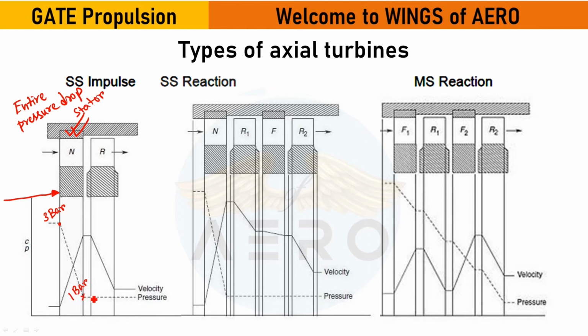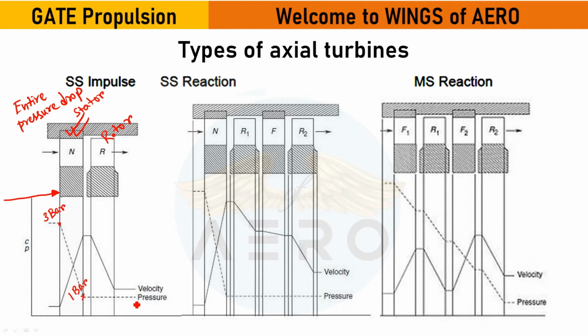Now when it further moves from the stator to the rotor, R means rotor, it stays almost the same pressure. That means across the rotor, in the case of the impulse turbine, there is no change in pressure. Whatever pressure drop has taken place in the nozzle is maintained in the rotor.